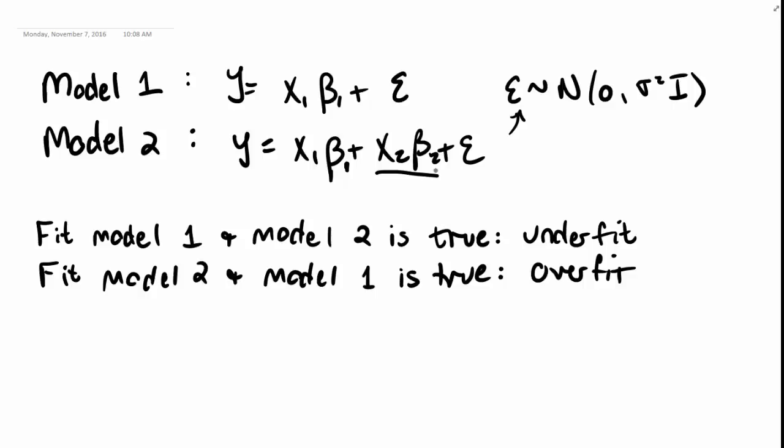Now let's talk about the instance here where we fit model 2, but model 1 is true. We've actually overfit the model. Now let's first discuss the idea of bias.